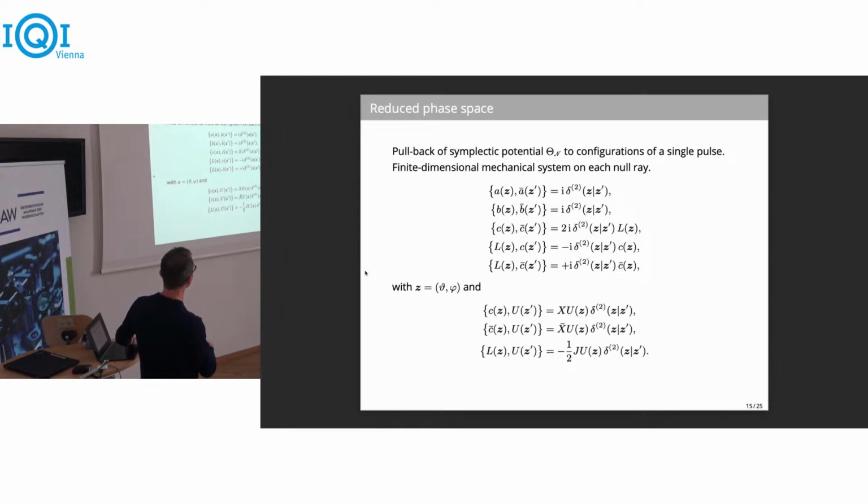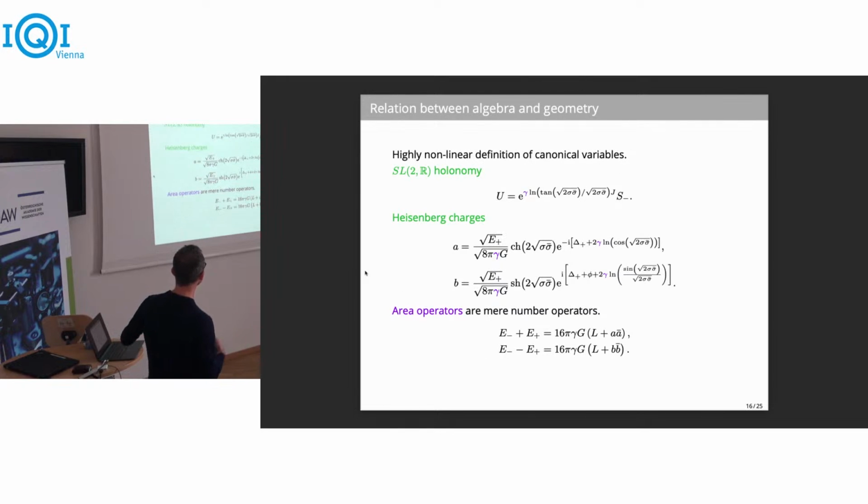So where is all the non-linearity now? This seems quite easy. Well, it is hidden in the definition of the variables. The relationship between how these oscillators relate to the geometry is a bit menacing, perhaps. So the Heisenberg charges, A and B, Heisenberg operators, they are related to the area density at the future cross-section, the constant shear, cosh and sinh are hyperbolic cosine and hyperbolic sine, and some complicated phase.